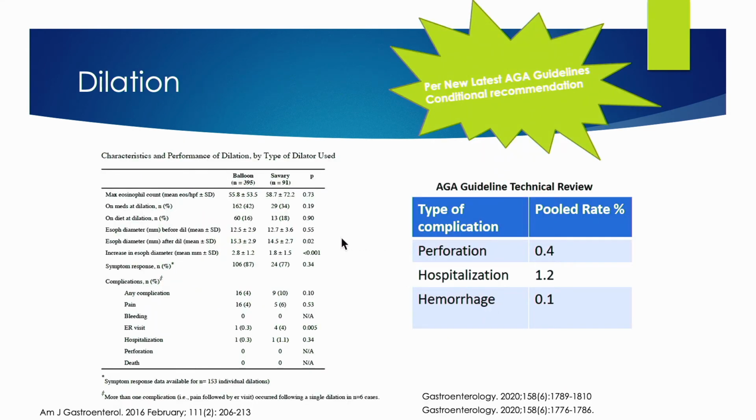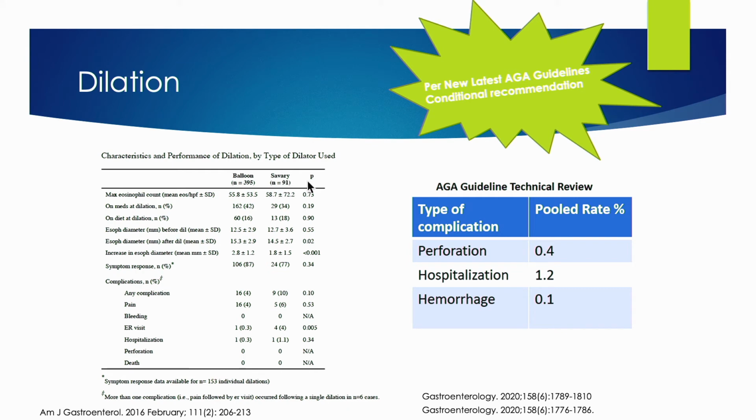Now, the dilation is used to treat eosinophilic fibrostenotic complications as opposed to inflammation. And initial guidelines recommended against doing dilations because the thought was that the risk was very high for perforation, but it turns out that in the last decade, we have learned how to do these safely.